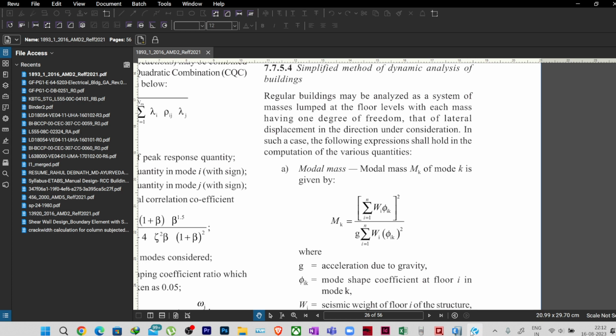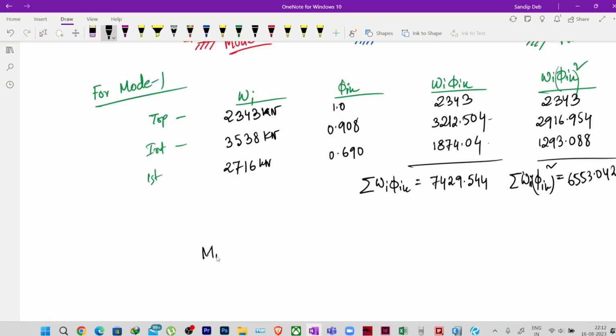Now we need this mk. In this case k will be replaced by 1, because this is for mode 1. So m1 equals how much? The formula is the summation of Wi phi ik, whole square, divided by g multiplied by the summation of Wi phi ik square.